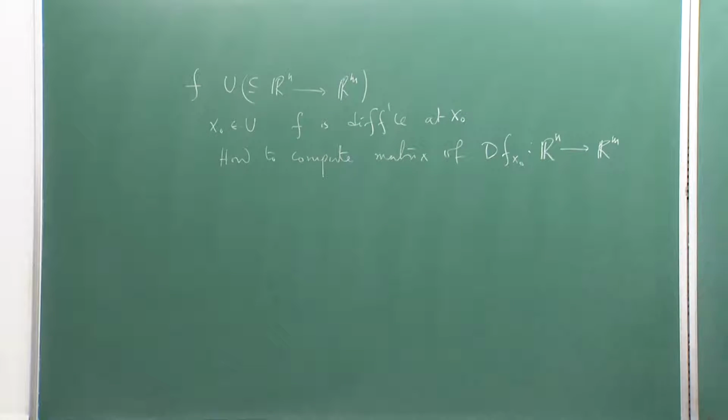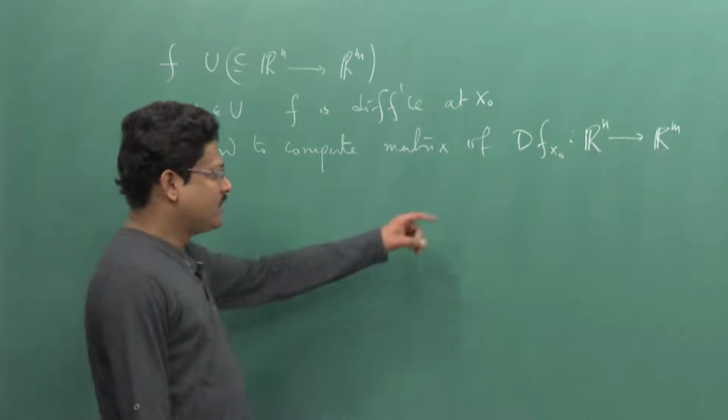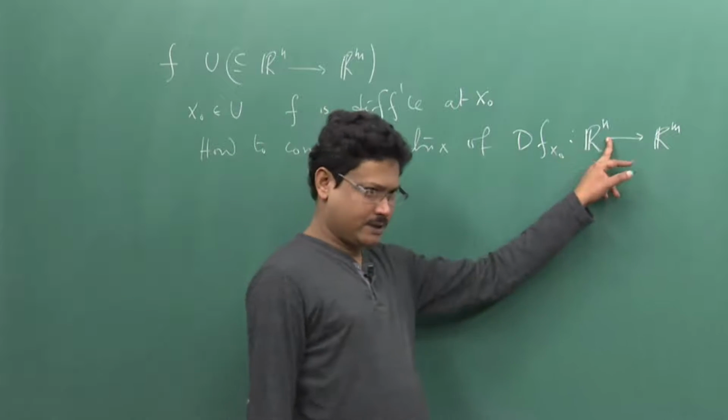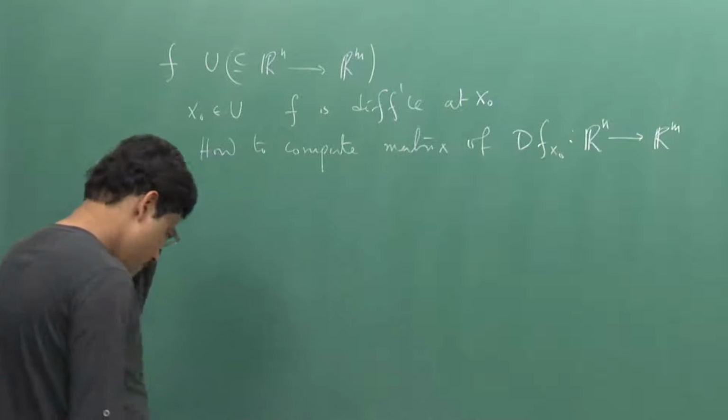Okay, we follow the same pattern as we did in the case of a linear map from Rn to Rm. We observe the matrix will be an m cross n matrix. What will be the first column?